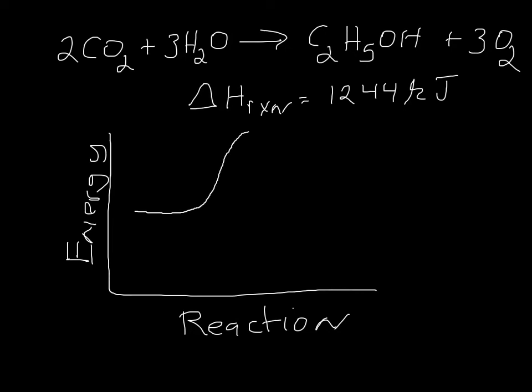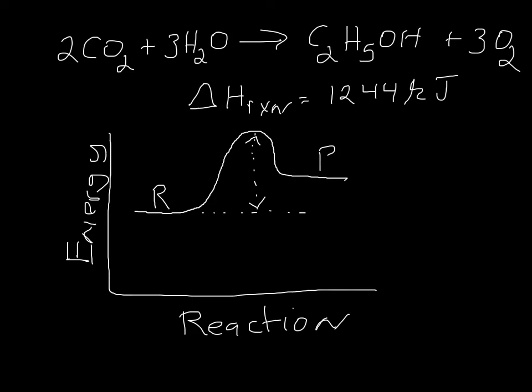And reactions go through what is called the activation stage. This is the energy that it takes in order for the reaction to take place. It's very common that we have to do something to get the reaction to take place. So this distance from here to here is referred to as the activation energy. But what we're actually interested in at the moment is the difference between the reactants over here and the products over here.